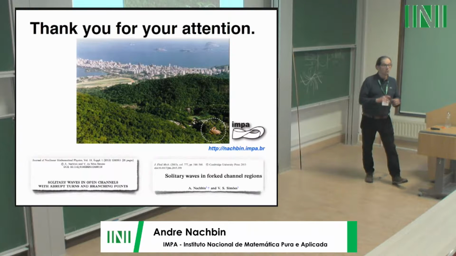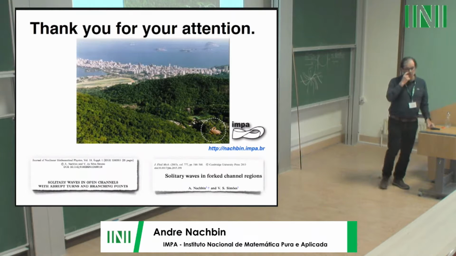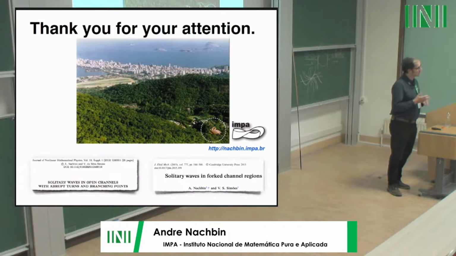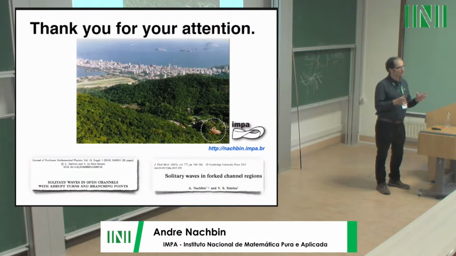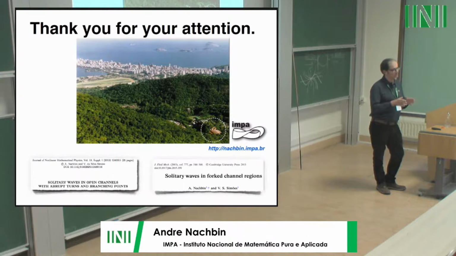Right. One thing here is that the method wouldn't work immediately. For example, if you have an island, then for the conformal mapping you don't have a simply connected region. I already mentioned this to an expert on multiply connected regions, Darren Crowdy, who has a very sophisticated mapping for that.